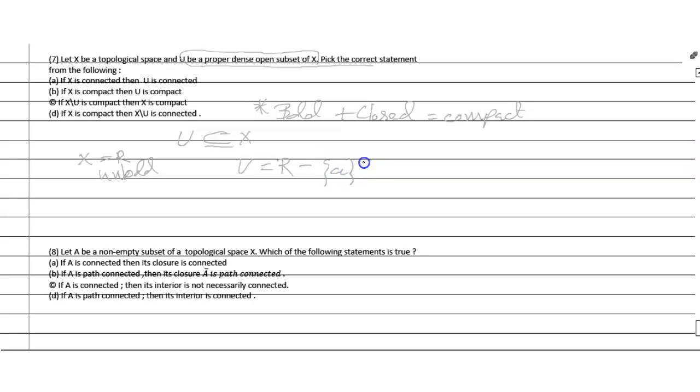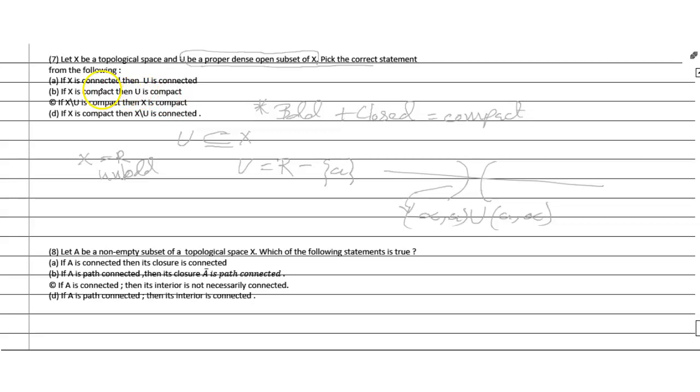So R minus a, this is a straight line, this is the point, this is called minus infinity to a, and this is a union of a to infinity.